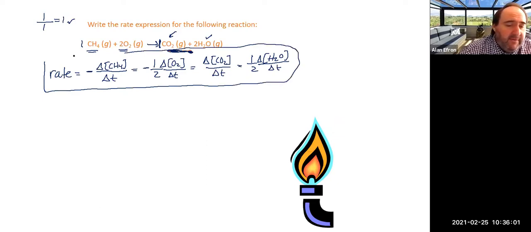And if you had actual numbers, you could pull out any part of that and figure out how methane is changing over time, how oxygen is changing over time, how carbon dioxide and water are changing, or really being formed, over that same period of time. Any questions on writing the expression there?